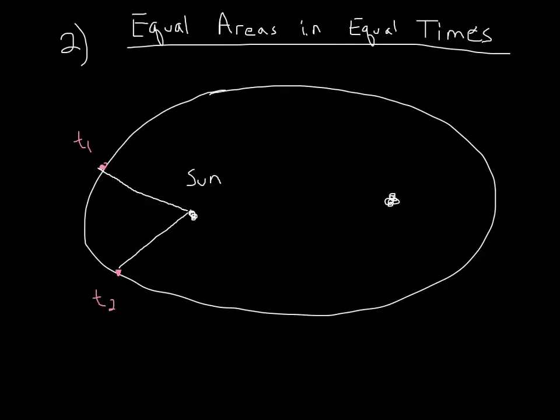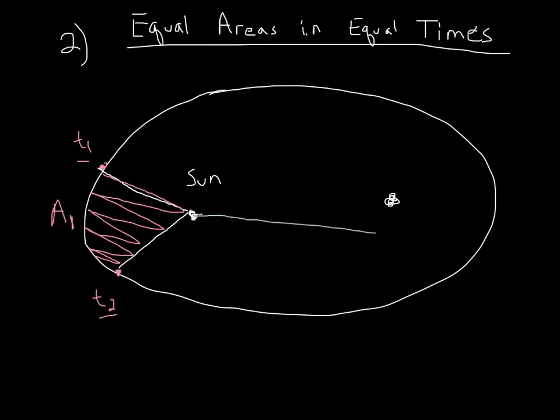And I can think about my planet and imagine that it's traced out some amount of empty space during this time. Some area has been swept out by that planet between time t1 and t2. And I'm going to call that area 1. Then I think about my planet at aphelion, after it's farther away.